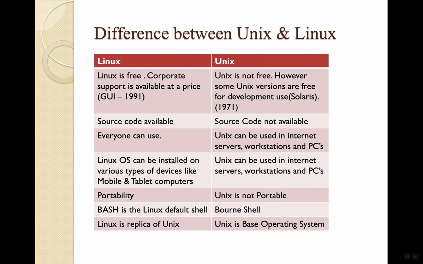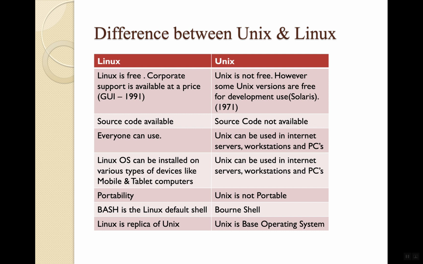If you see the difference, Linux is free in the sense that you can download it from a website, install it on your system through VirtualBox, and then access Linux. Whereas Unix is not free, but still some paid versions are available. For free purposes, they gave Solaris.